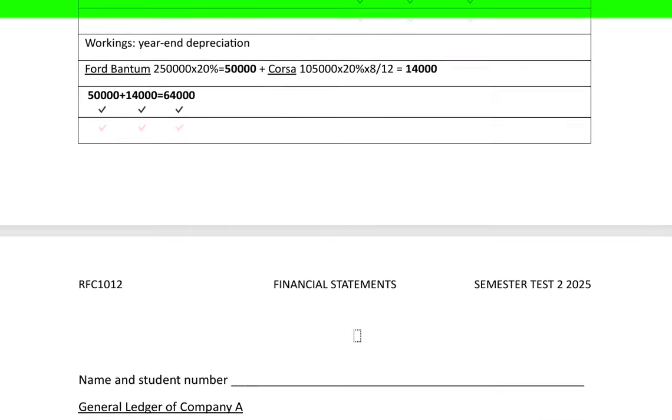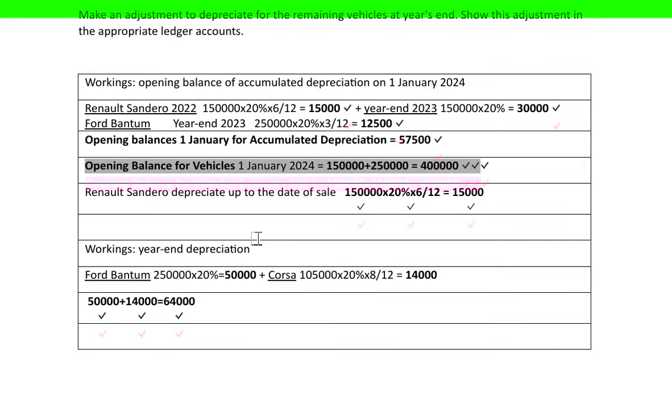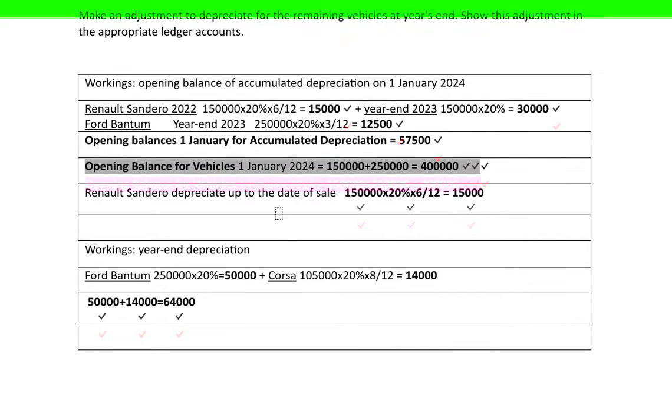The second thing we need to calculate is the opening balance of accumulated depreciation. The opening balance on the 1st of January for accumulated depreciation on vehicles.